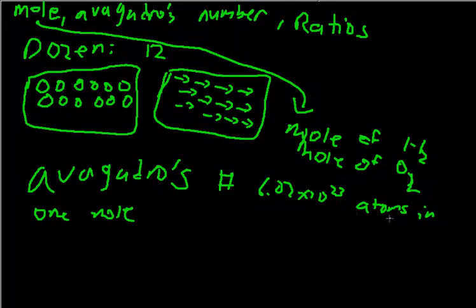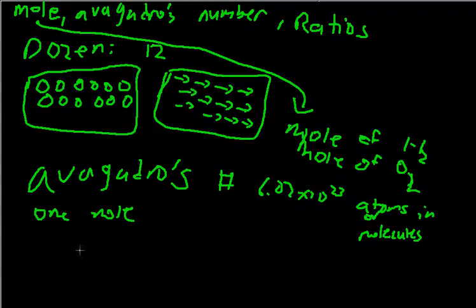This is actually atoms or molecules. So that's Avogadro's number, 6.02 times 10 to the 23rd atoms or molecules in 1 mole. So 1 mole of silicon is that many atoms of silicon.